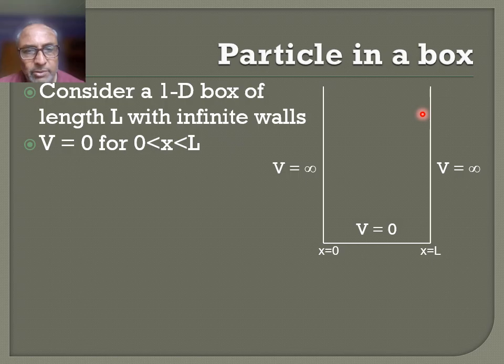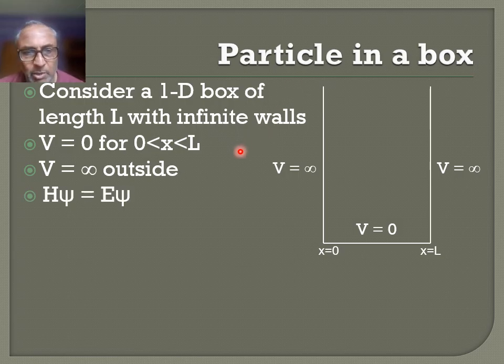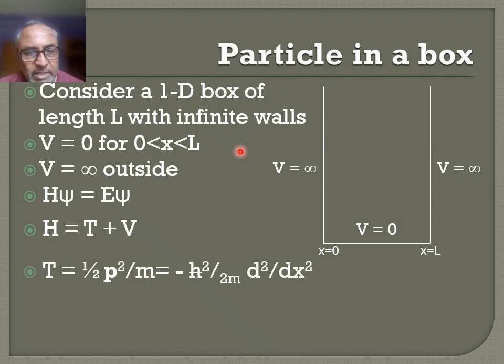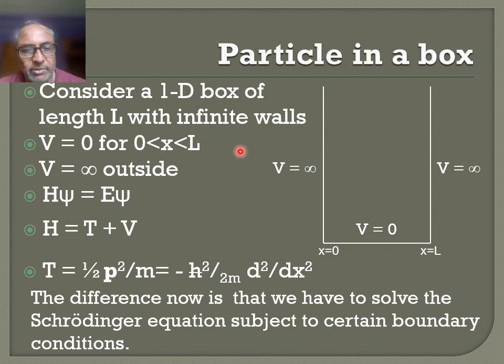So V equal to 0 inside the box, that is for x between 0 and L, and V equal to infinity outside the box. So as before, H psi equal to E psi with H equal to T plus V, and T equal to half p squared by m, which is equal to minus h-bar squared by 2m d squared by dx squared.